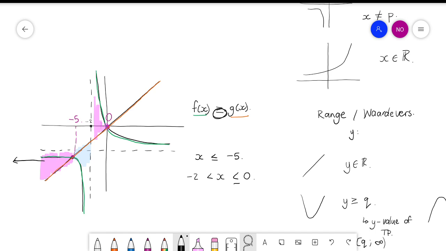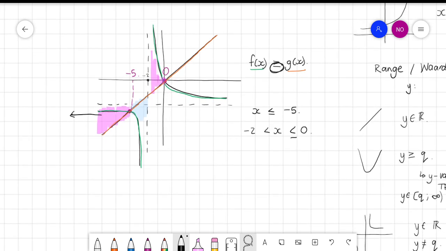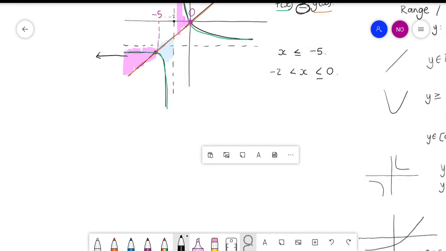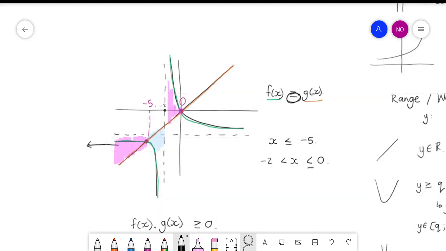But while we are on this one, I just quickly want to revise another type of question. Where they say, let's say, f of g times f of x is bigger than or equal to 0. Do you guys remember those? Okay, for those you have to go and you have to divide them up.